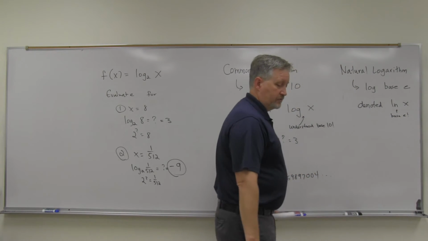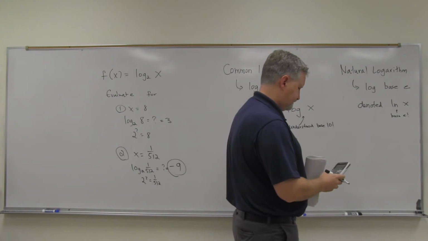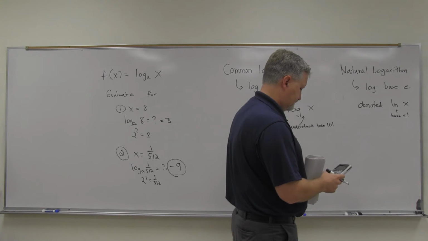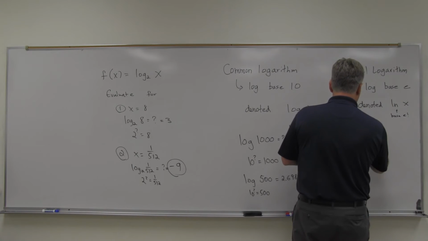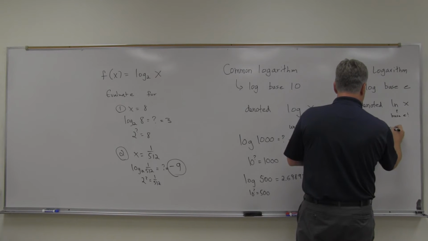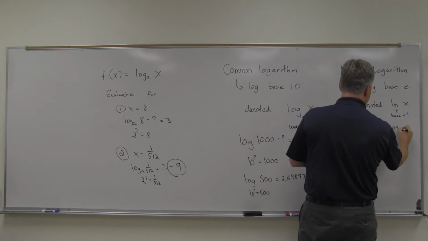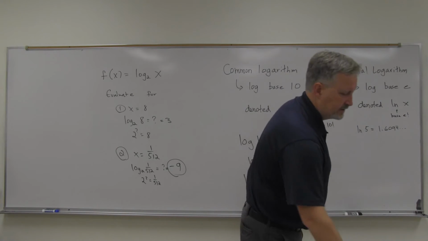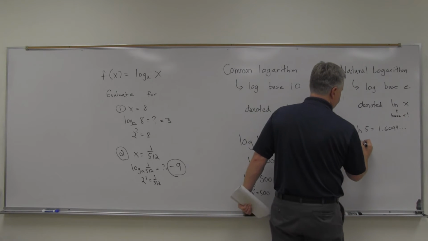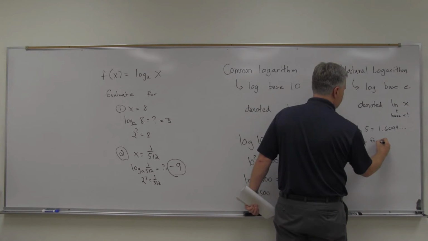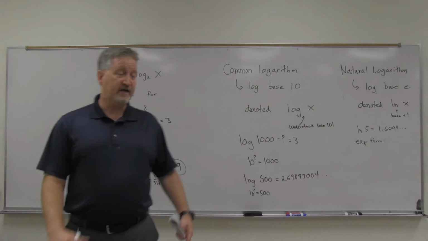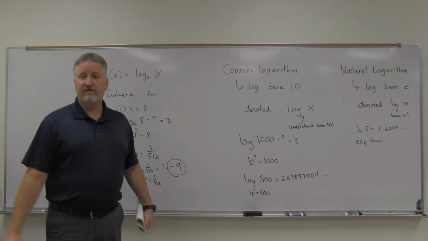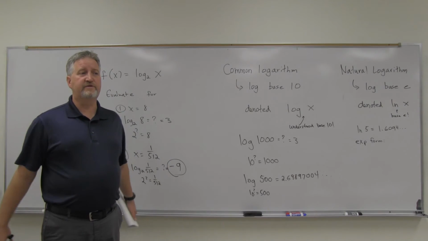And I think they'll have you do one like this. Say we've got ln of 5 equals 1.6094... What's that in exponential form? Going back to converting to exponential form, I've got the value of the logarithm, but what would that be in exponential form?